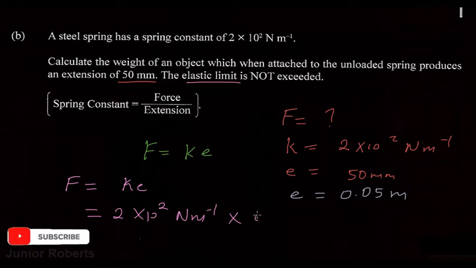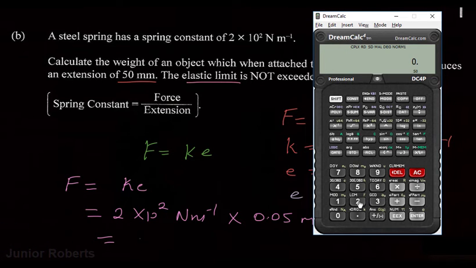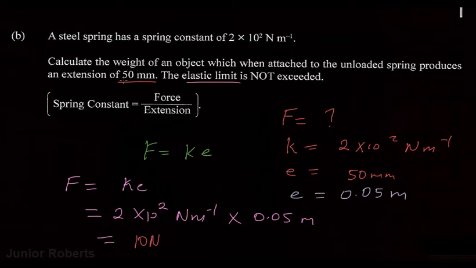When we take our calculator, we say 2 times 10 to the 2 multiplied by 0.05, which works out to be 10 newtons. So our answer here is 10 newtons. Therefore the weight of the object that produces an extension of 50 millimeters is equal to 10 newtons.